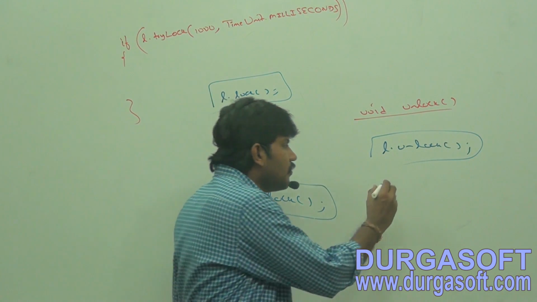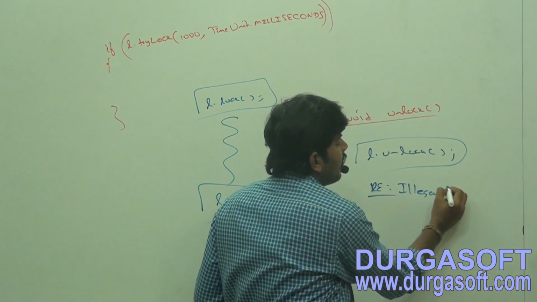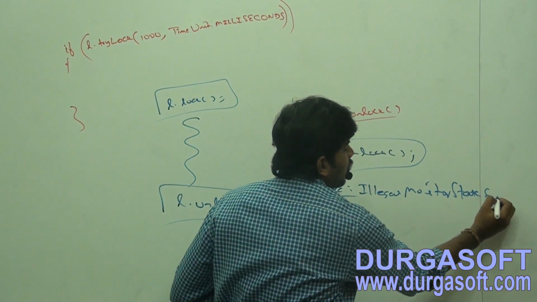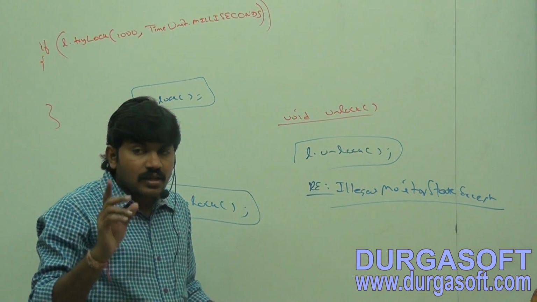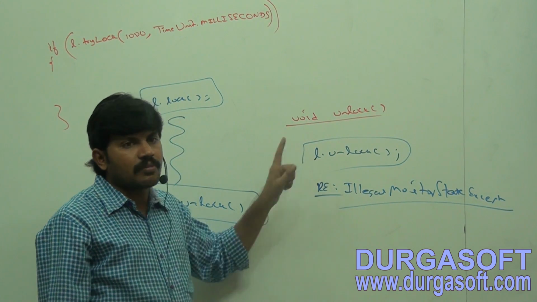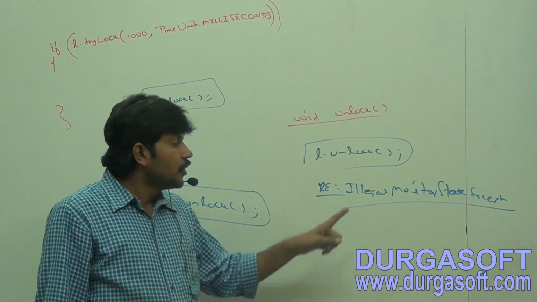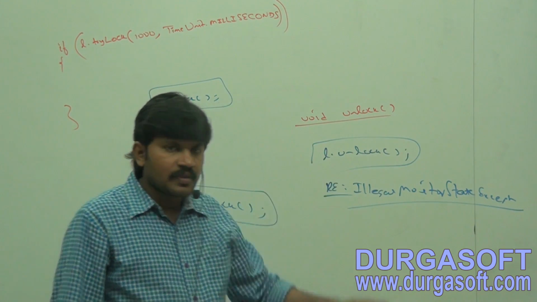What will happen? Immediately a runtime exception, IllegalMonitorStateException, by default we will get. To call the unlock method, the current thread should have acquired that lock. Otherwise, immediately IllegalMonitorStateException.